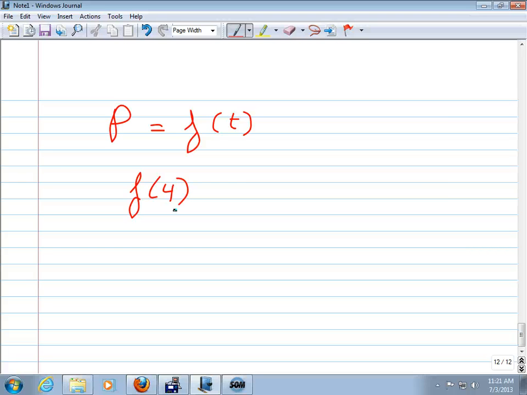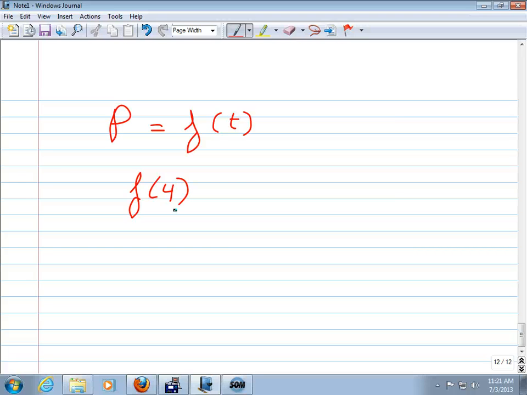T, right? So 4 represents what year? 2004, right? T is the number of years since 2000, so if T is 4, we're in year 2004. What does P represent? The number of birds, in this case the number of birds in 2004.